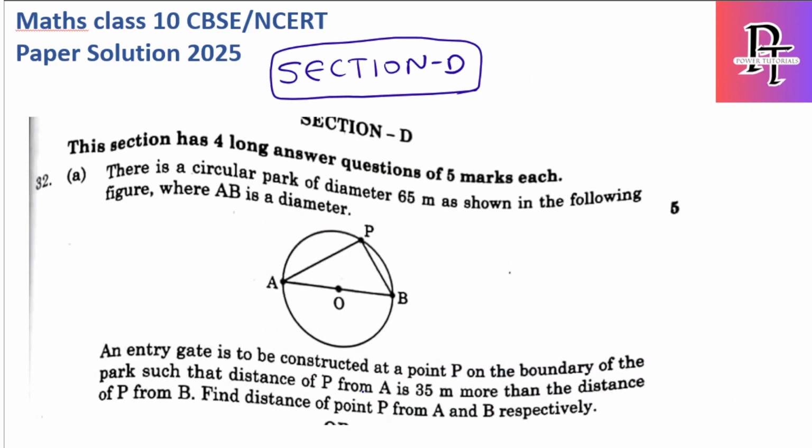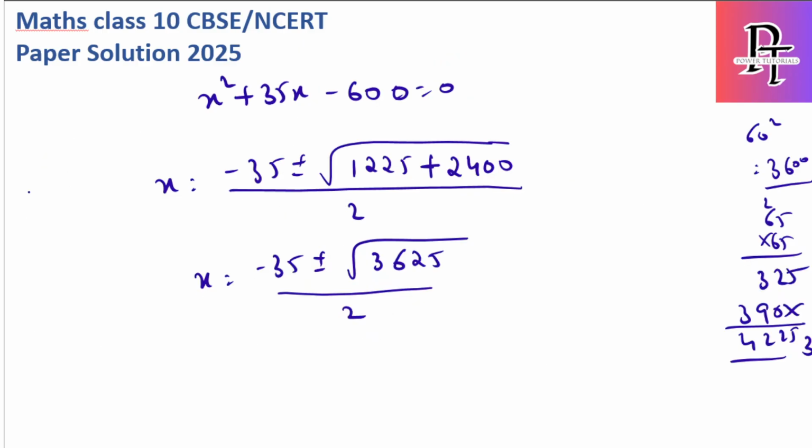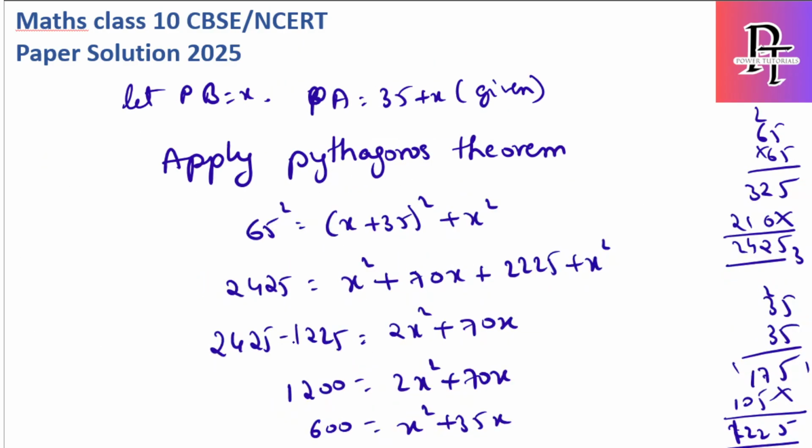Diameter is 65, PA is 35 more than that of PB. Okay, so till here it is fine. 65 square. Okay, I think here we made a mistake. 5 5 is 25, 5 6 is 30, 32, 6 5 is 33, 6 6 is 36, 39 here.